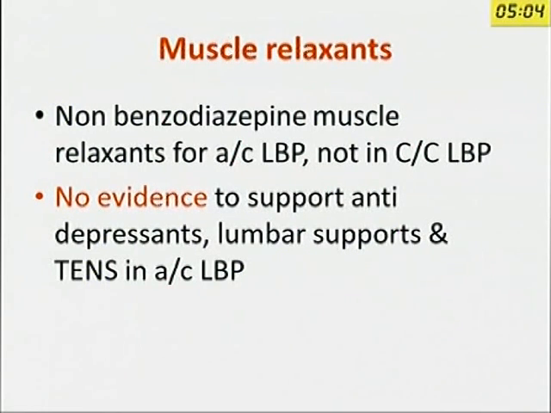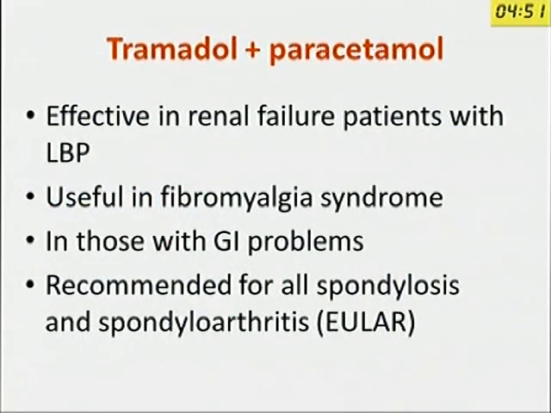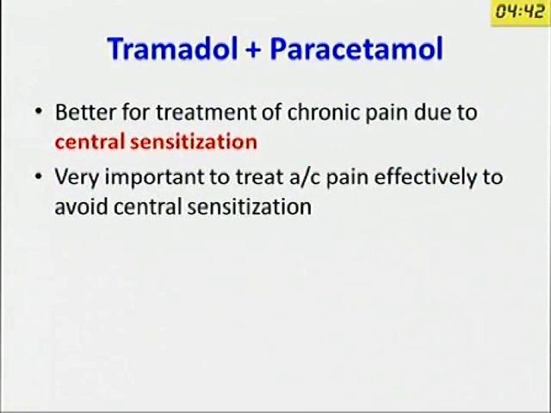There is a central sensitization imparted to chronic back pain or neck pain. So for them, antidepressants, lumbar supports and Tramadol will help in chronic back pain, but not in acute back pain. And in chronic back pain or neck pain, Tramadol plus paracetamol is an effective combination because it reduces the central sensitization, and is recommended for long-term usage.